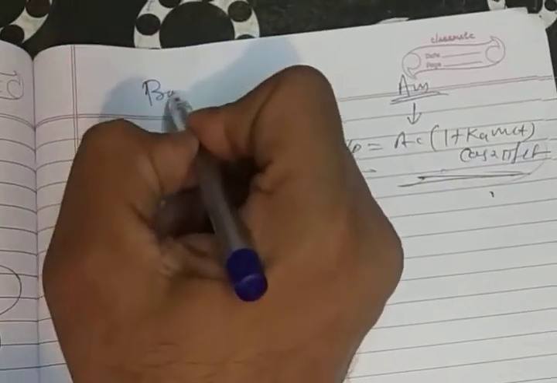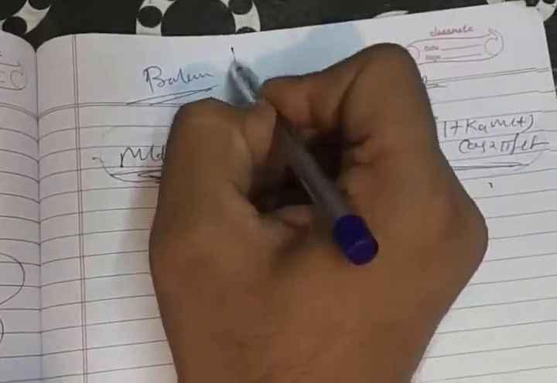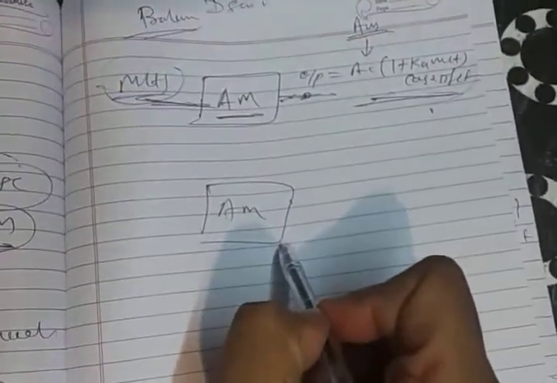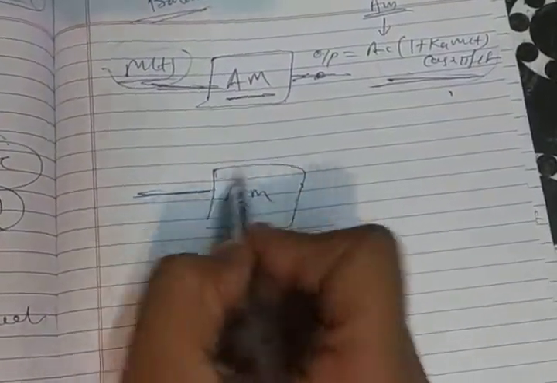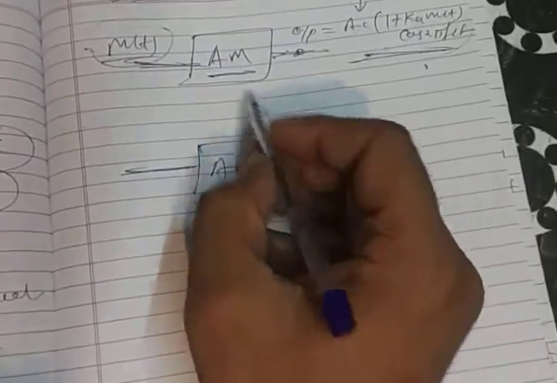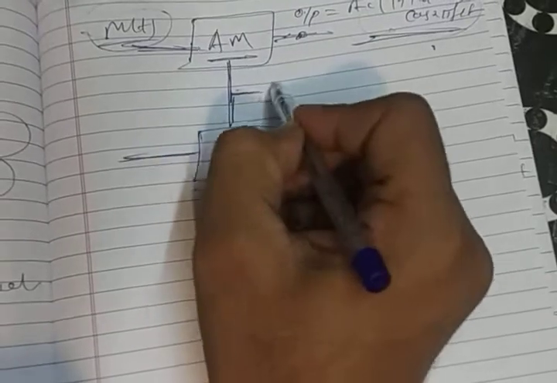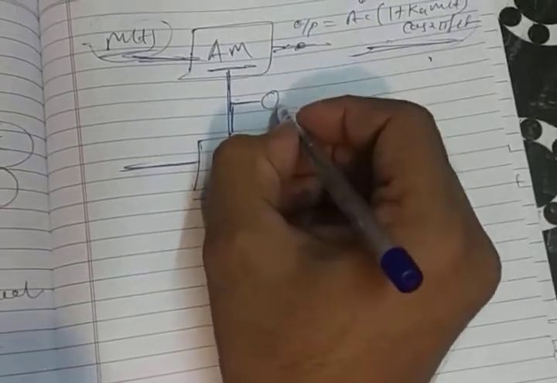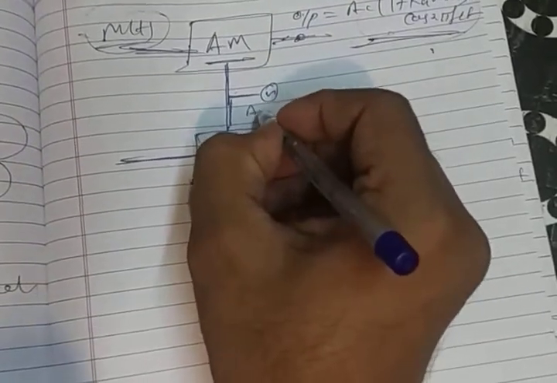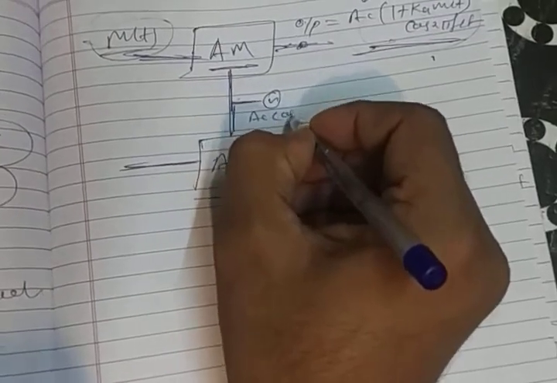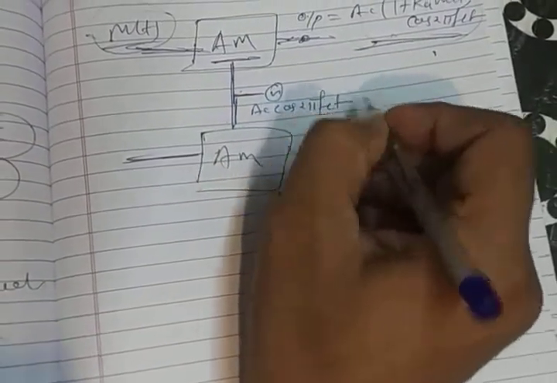For generation of DSB-SC signal we need two AM modulators, and both are connected with a local oscillator which generates the Ac cos 2 pi fct signal.